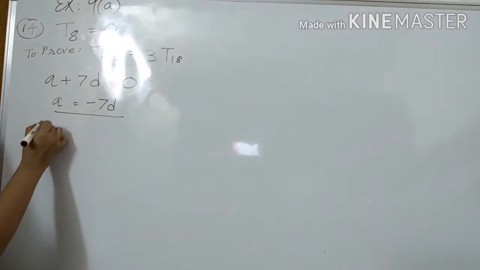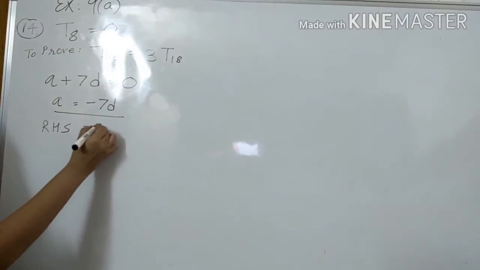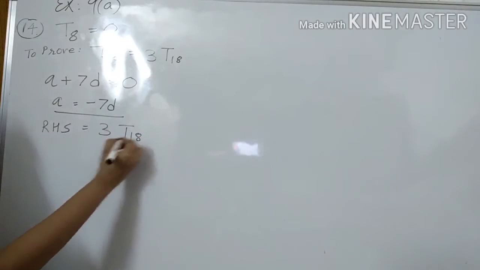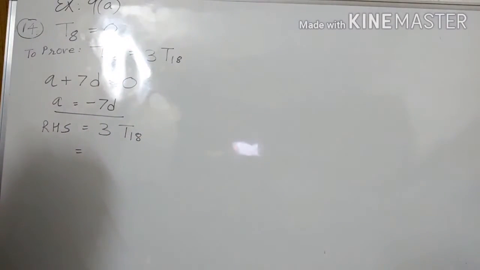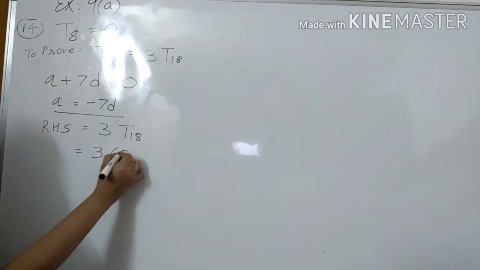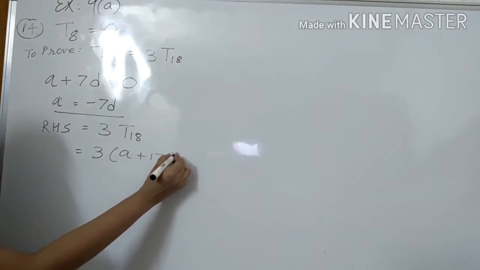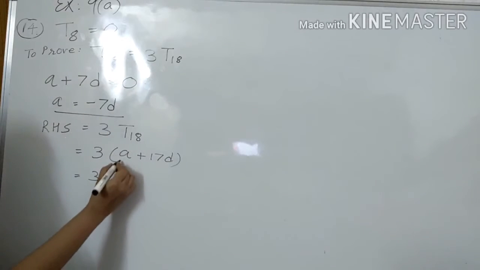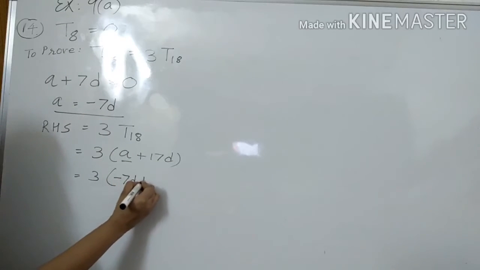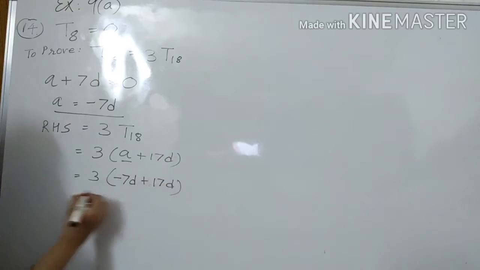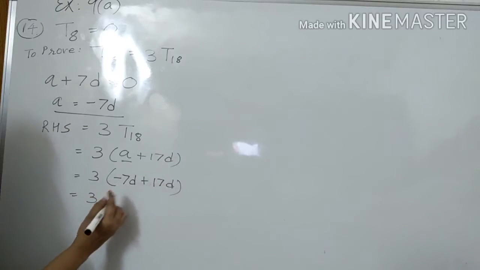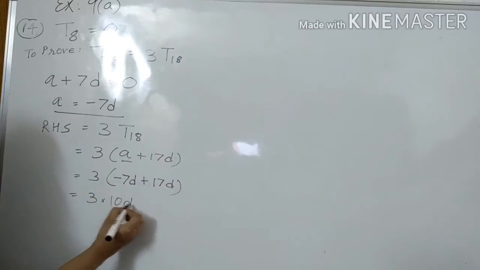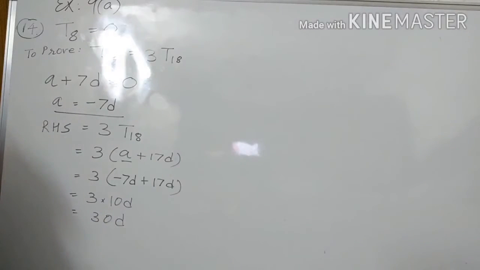Here I will start with the right hand side first, that is 3 times T18. So 3 T18 means 3 times a plus 17d. Instead of a I can substitute minus 7d. So we get 17 minus 7, 10d. So that is 30d on the right hand side.